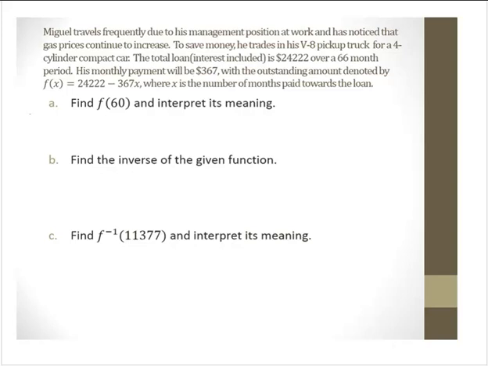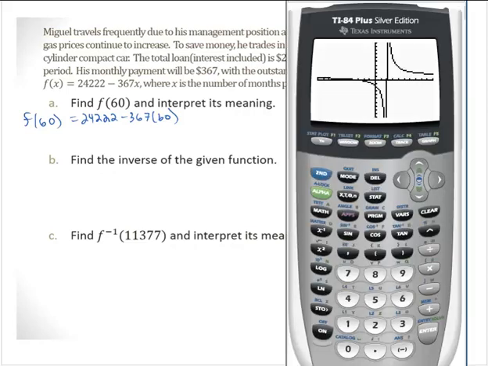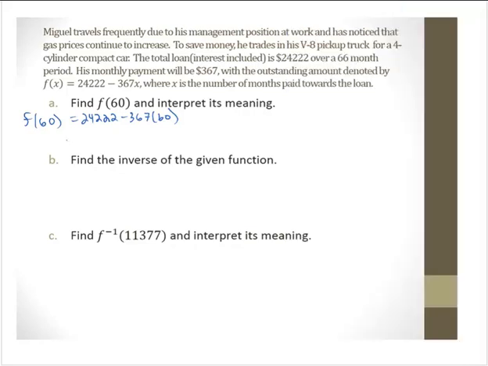All right, well then f of 60 would be 24,222 minus 367 times 60. I'll use a calculator here. 24,222 subtract 367 times 60 is 2,202. Interpret the meaning.